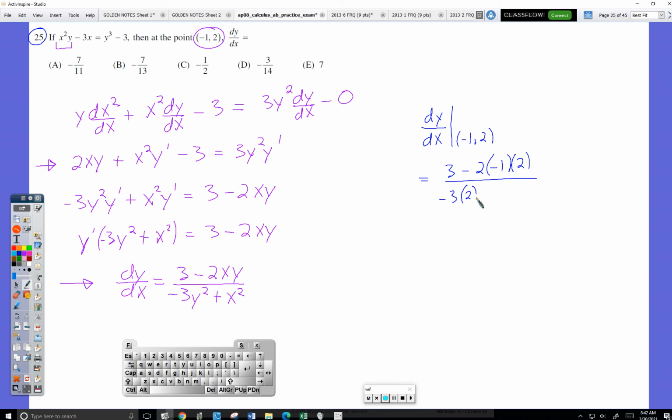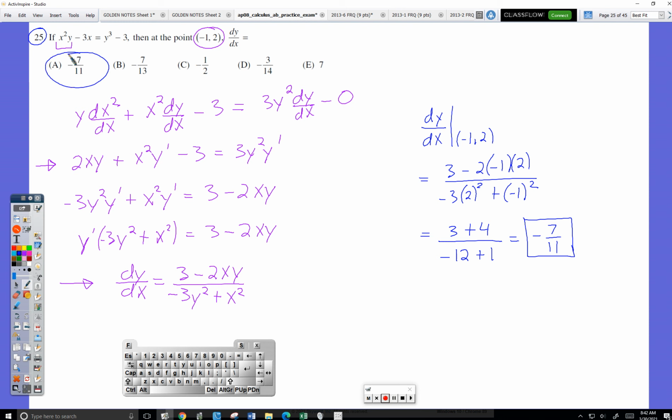It's a little bit different here. It's flipped upside down. The other one was negative.